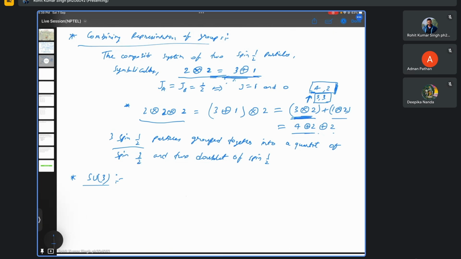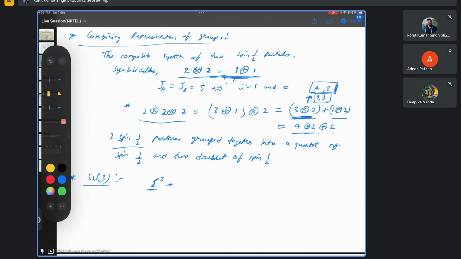Because people saw that there were some particles, for example, this sigma plus minus, which are very stable, because they were created via strong interaction, but they were decaying via weak decays.